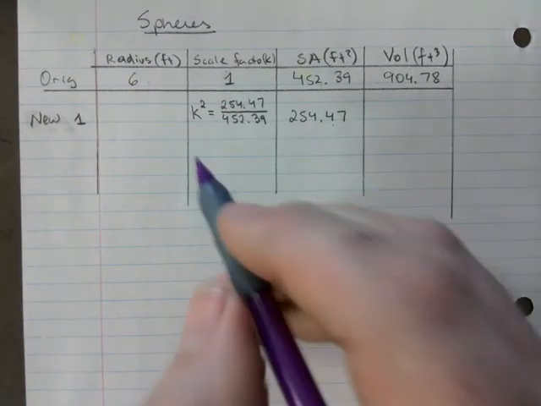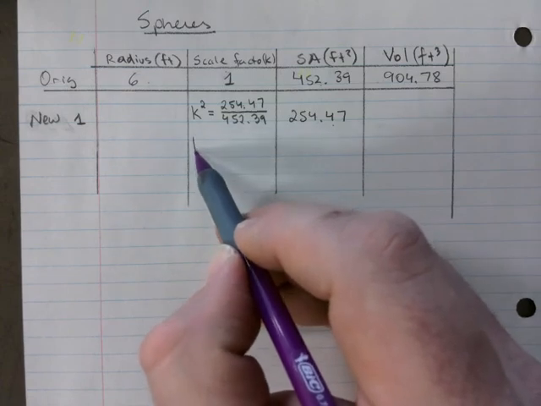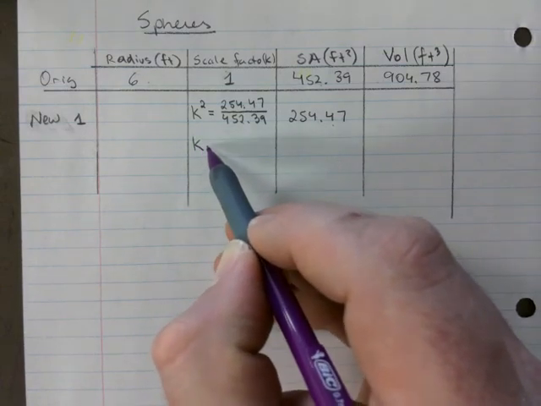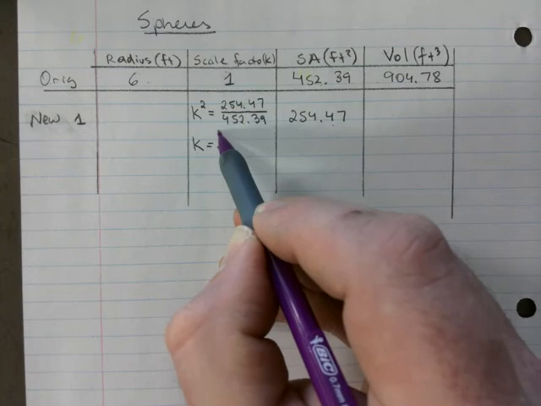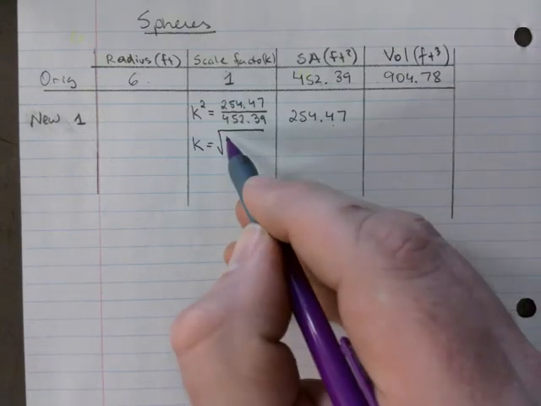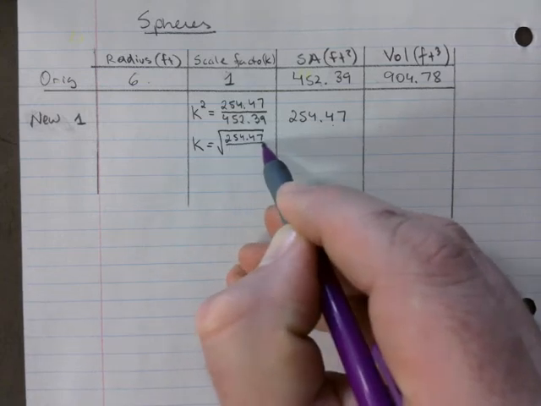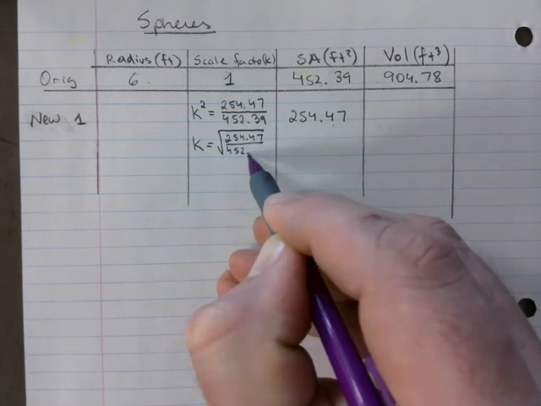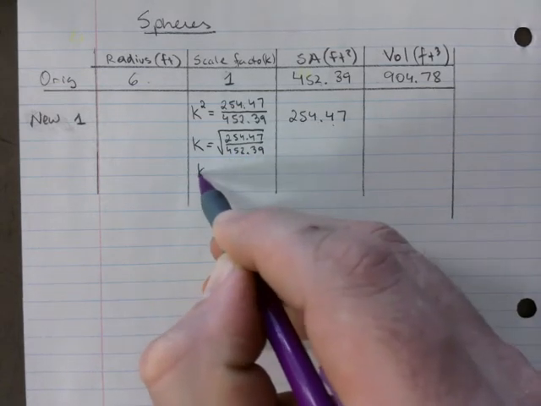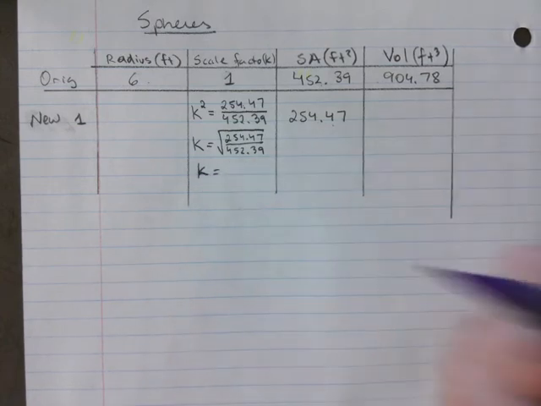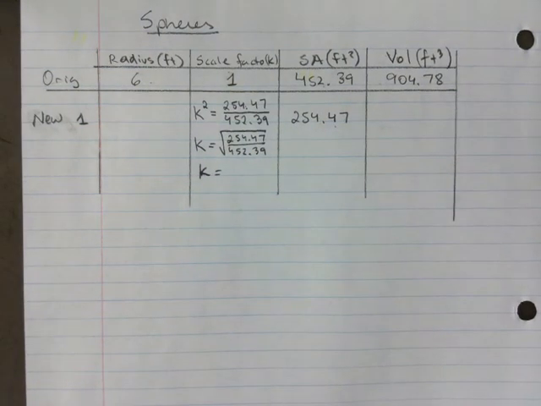And so to get k, I need to take the square root of 254.47 over 452.39. So let's go ahead and do that.